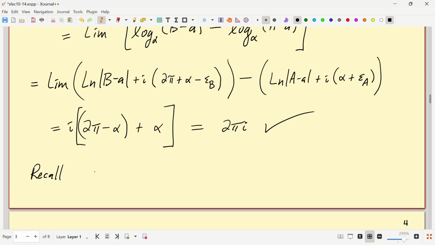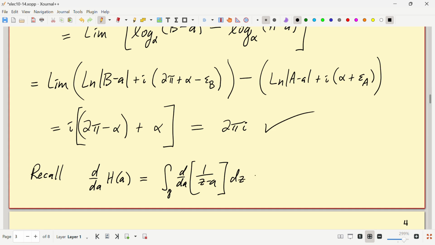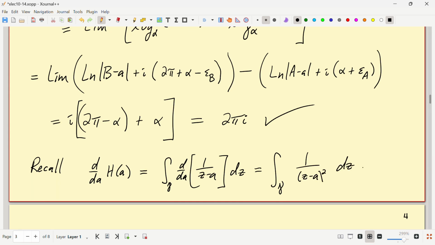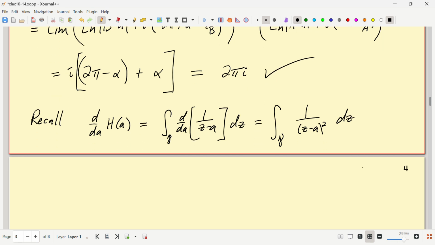But recall d by dA of h of A is equal to the integral around gamma of d by dA of the inside. That was problem number 1 way back. And that's equal to the integral around gamma of 1 over z minus A squared dz. And that's the derivative of something with respect to z.